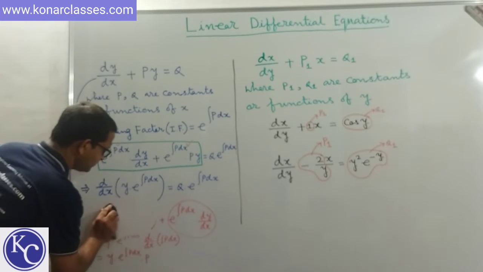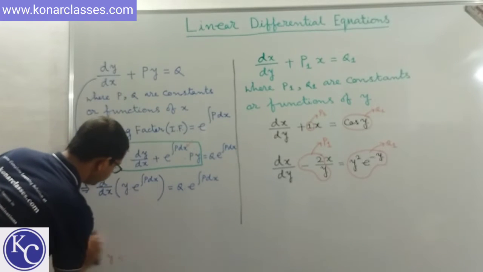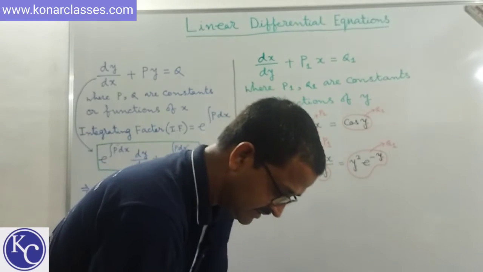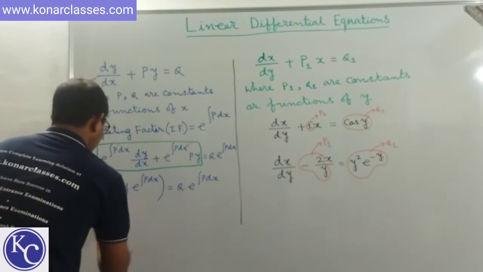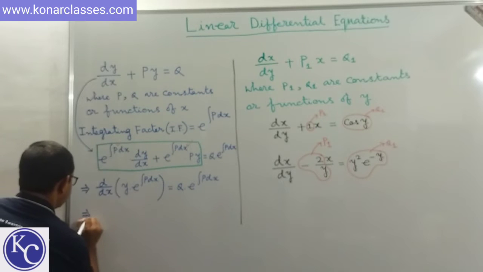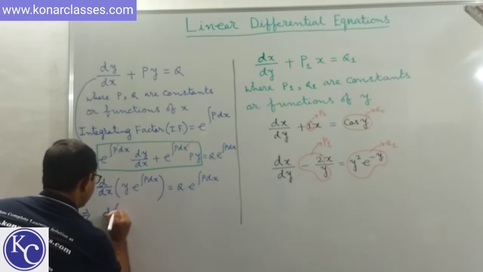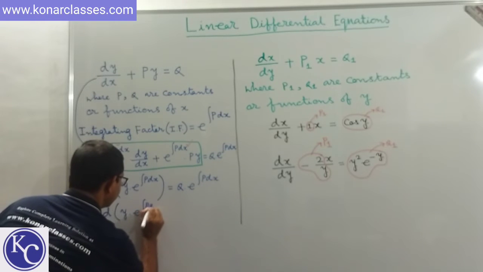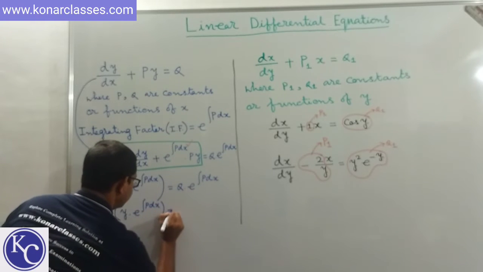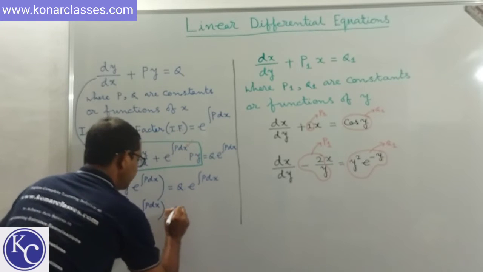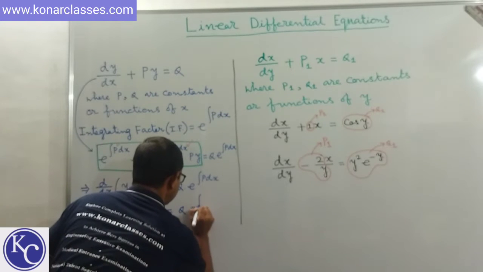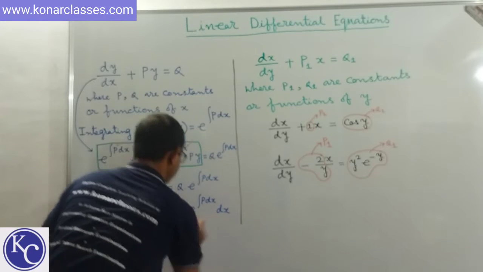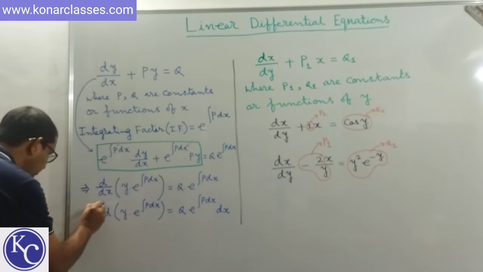After that, what, dear students? It is simple. After that, we are going to write, this implies d of y into e power integration p dx is equal to q into e power integration p dx dx. After that, what? Integrate both the sides.